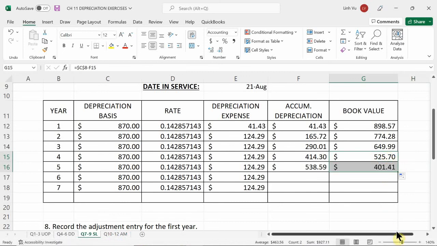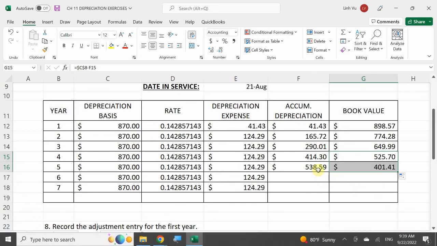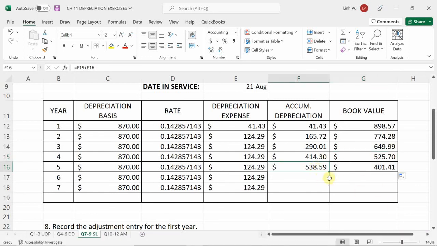Good. What is the depreciation expense for year 6? I'm sorry, accumulated depreciation for year 6. $662.88.